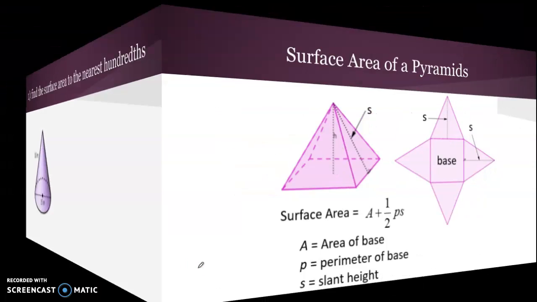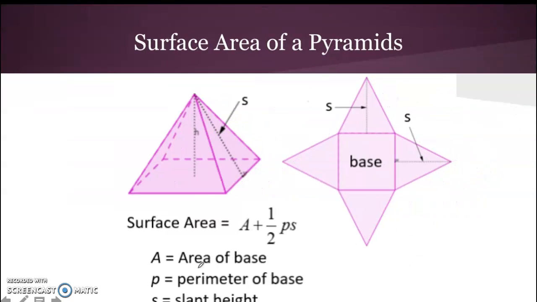Alrighty. We are also going to focus on the surface area for the pyramid. Now the pyramid, most of you had some struggle. We did this, I believe, two weeks ago on a Friday. The surface area formula is A plus half of P S. The surface area is the area of the base, the bottom, plus half of the perimeter times the slanted height again.